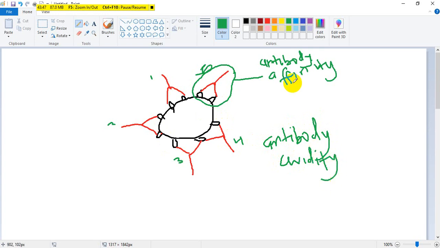That is, the first one is for antibody affinity to this antigen. Then this one is what? The total strength of binding is called antibody avidity. So note it.